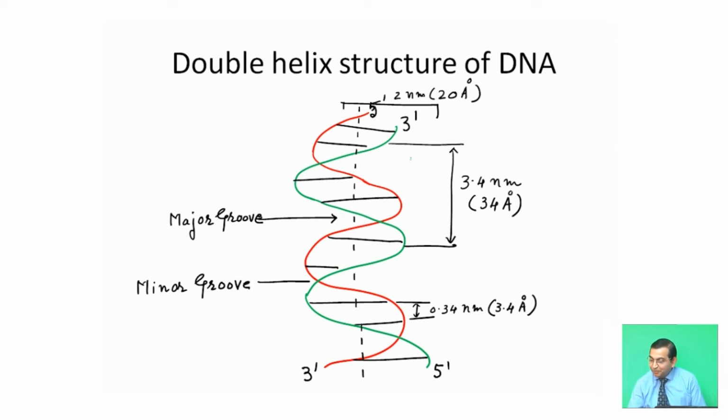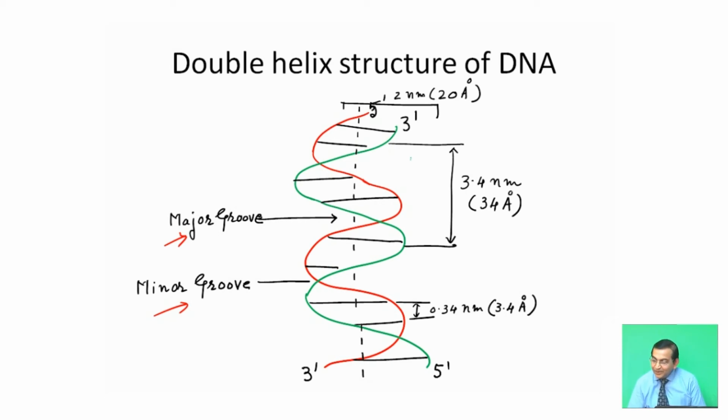One is called the major groove, another is the minor groove. The minor groove is the smaller one, while the major groove is the bigger one. The diameter of the DNA is 2 nanometer or 20 angstrom. So this is the double helical structure which was proposed by Watson and Crick.